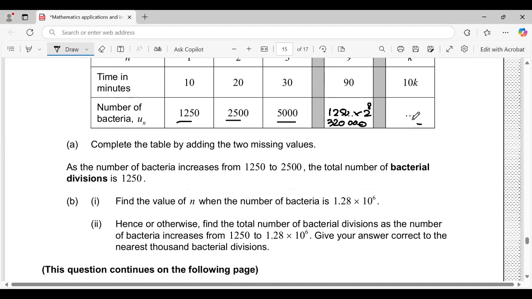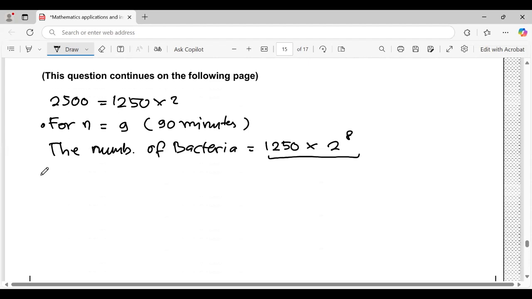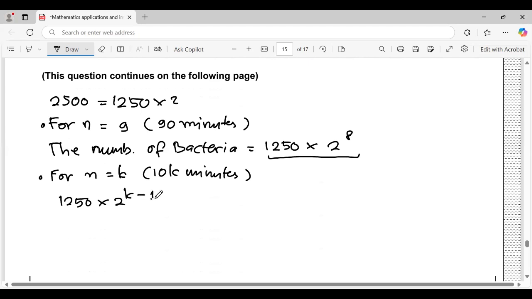Now how about if n equals k, that is 10k minutes? It means 1,250 times 2 to the power k minus 1. If n equals 9, it's 2 to the power 8, that is 9 minus 1. If n equals k, it means 2 to the power k minus 1.